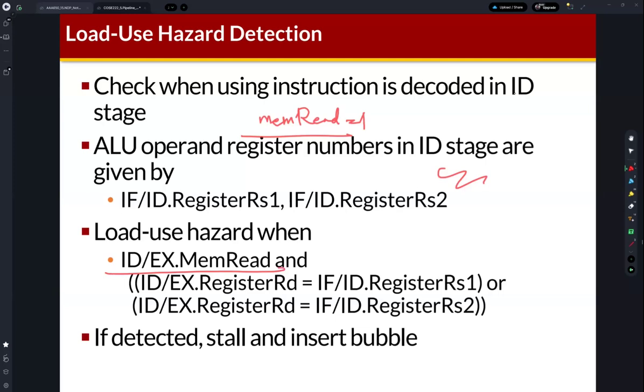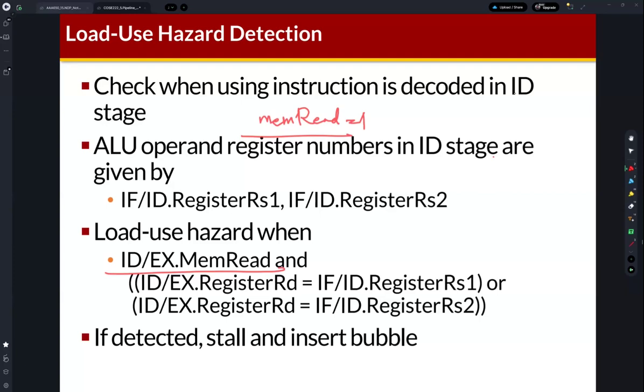And then what are the other conditions? The load use data hazard looks like this: load word into x1, where x1 is the destination register of the load word. Then the following instruction uses this destination register of the load instruction. The condition is very similar to the data forwarding condition.